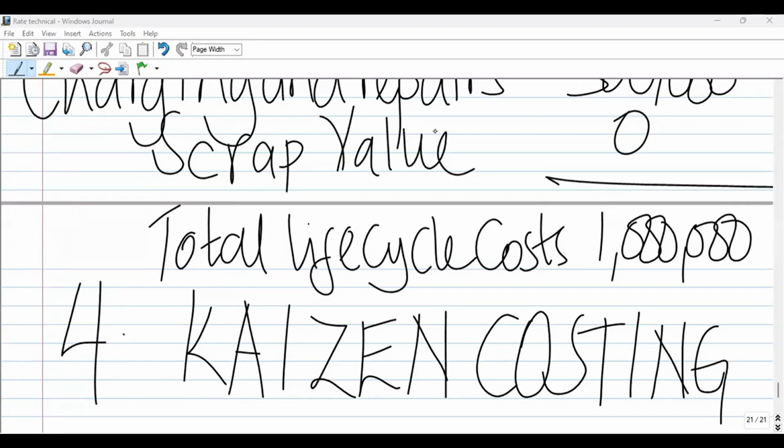It follows the concept of continued improvement in all aspects of the entity, for every level within the company.